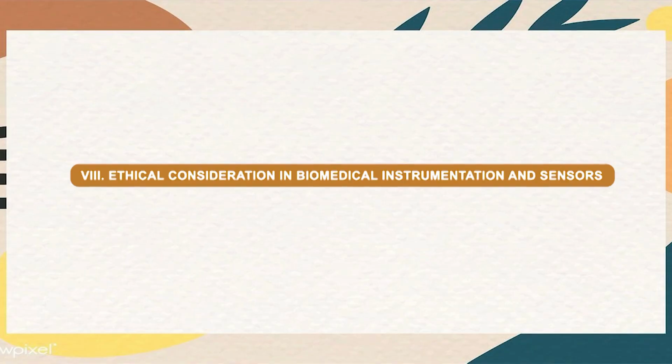Eighth chapter discusses ethical considerations in biomedical instrumentation and sensors: clinical data interchange or exchange, standards, privacy and security concerns in medical data, regulatory requirements of medical devices, ethical considerations in clinical trials and research.